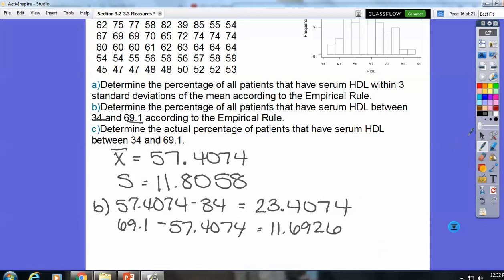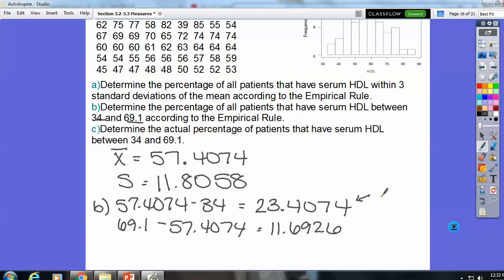We need to know how many standard deviations each of these things represents. So if you take this number and divide it by your standard deviation, 23.4074, divided by our standard deviation, 11.8058, what do we get? 1.98. So how many standard deviations do you think we would call that?